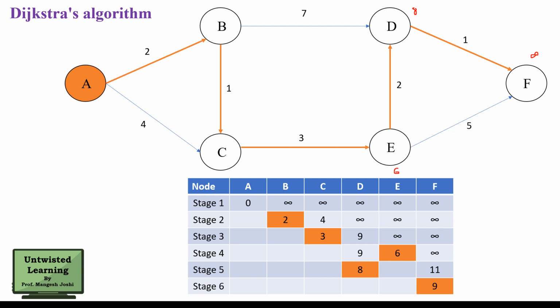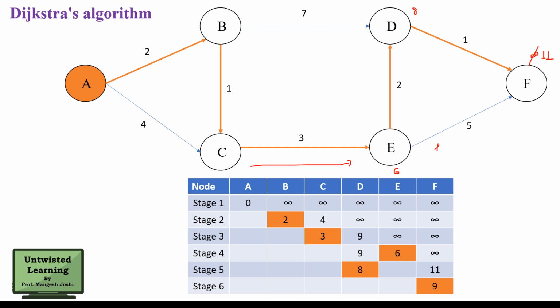So this was 6 plus 5, 11 earlier, not infinity, because since we have fixed CE, we have to take the path emerging from EF. In the previous stage it was infinite, and 6 plus 5 is 11.